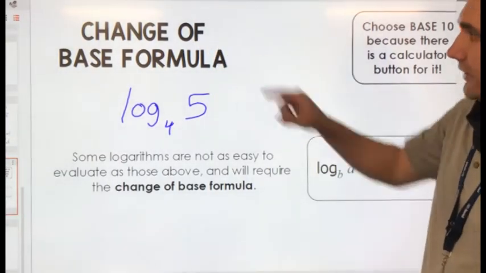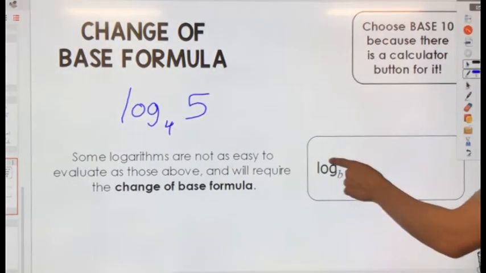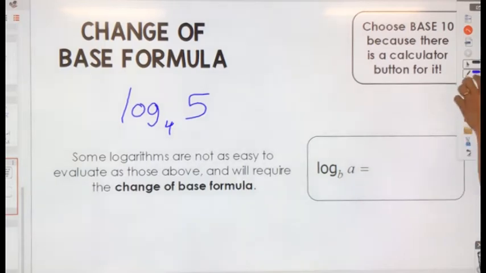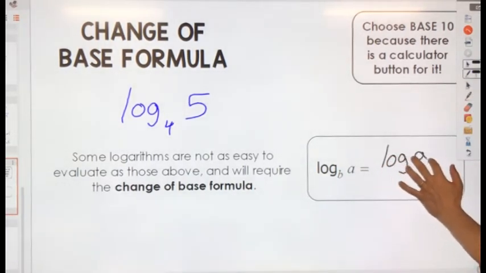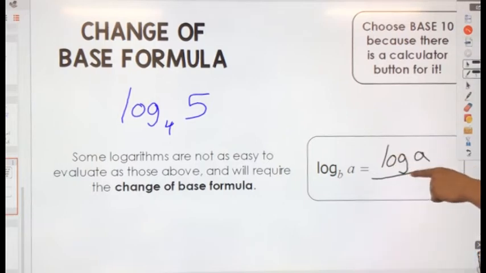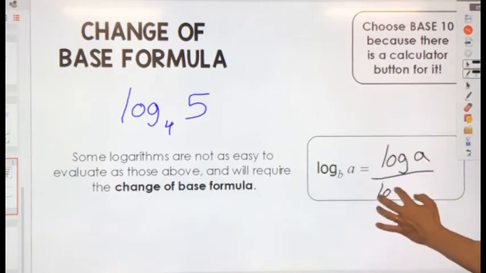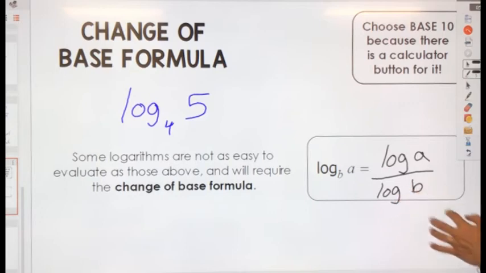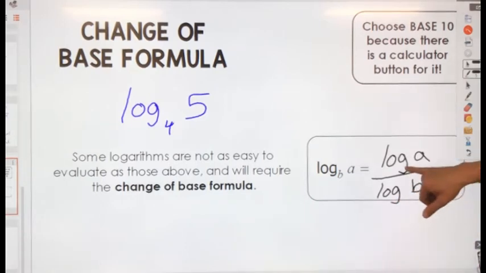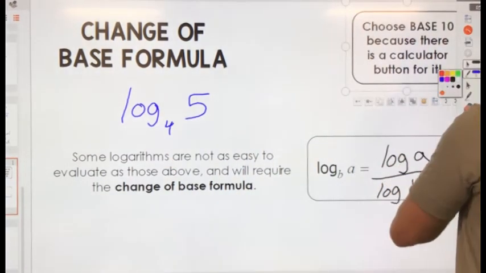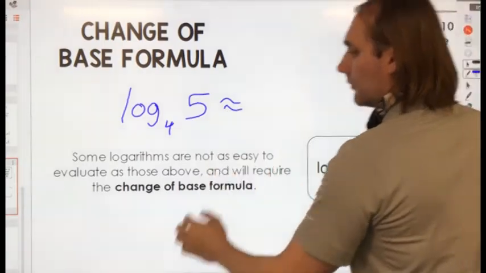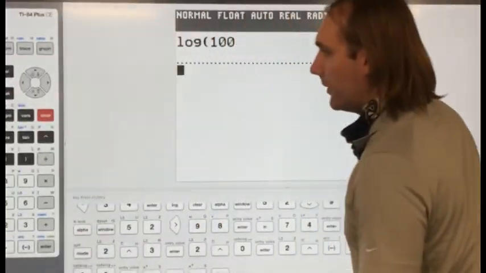So I had to use what's called a change of base formula, which says the log base b of a is equivalent to log base 10 of a over the log base 10 of b. So you have to punch in log of a over log of b. So to calculate what this equals, got to use the change of base formula.